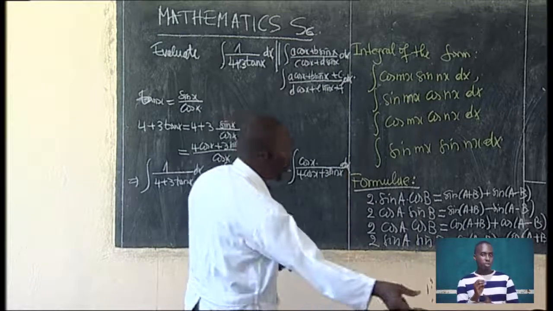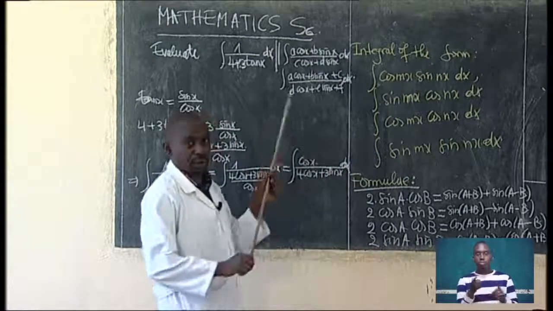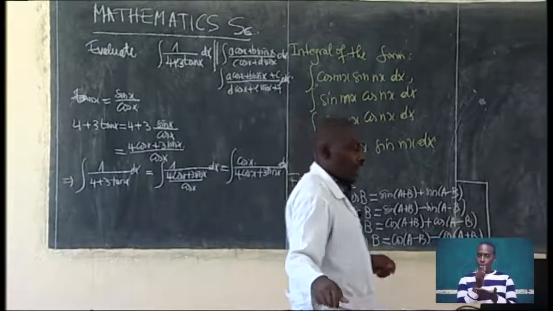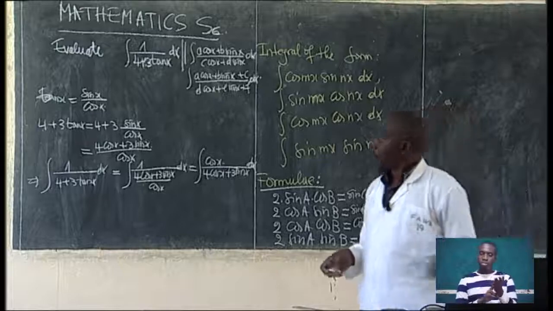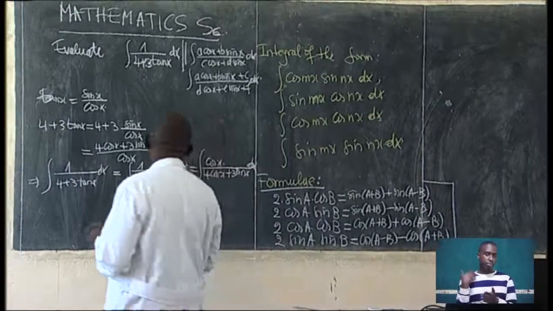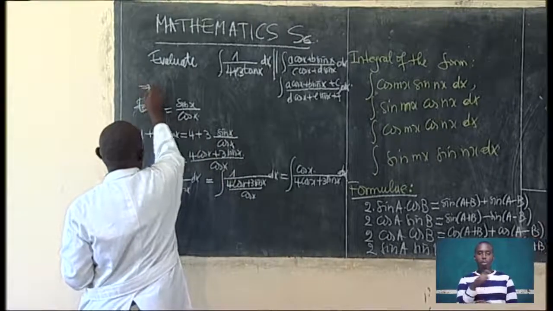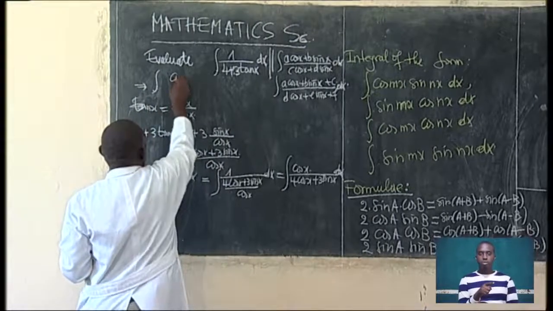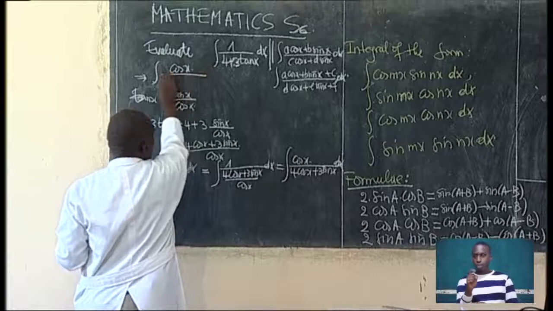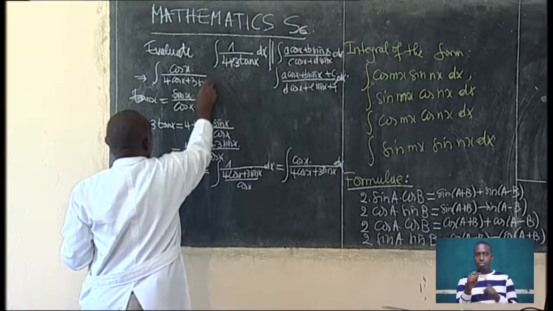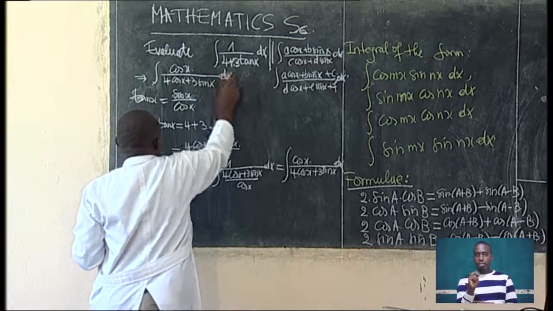So the integral is not different from these ones. Do you see? All right. Now, applying the previous method, we are going to evaluate this integral. Means that I have to evaluate the integral of cos x divided by 4 cosine x plus 3 sine x dx.